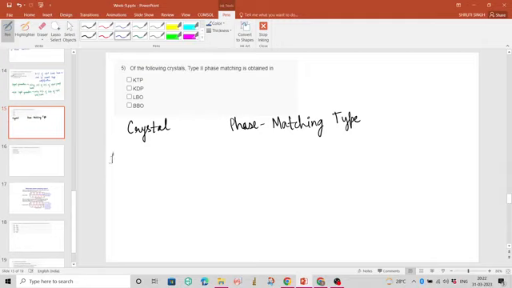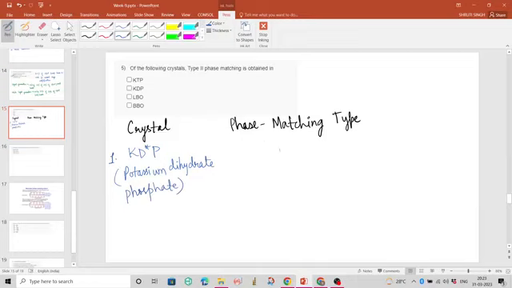First one is KDP, potassium dihydrogen phosphate.